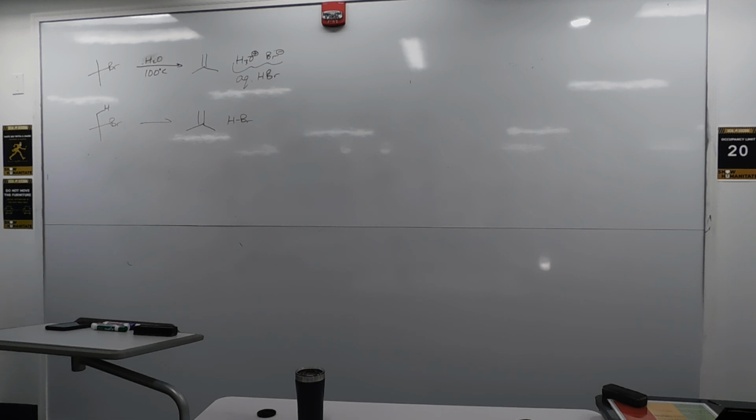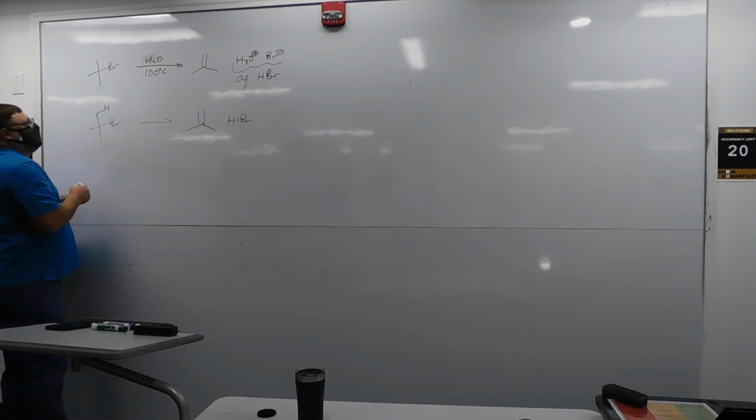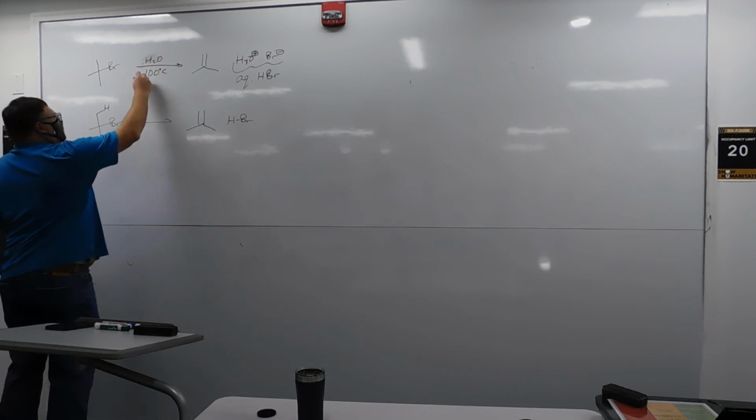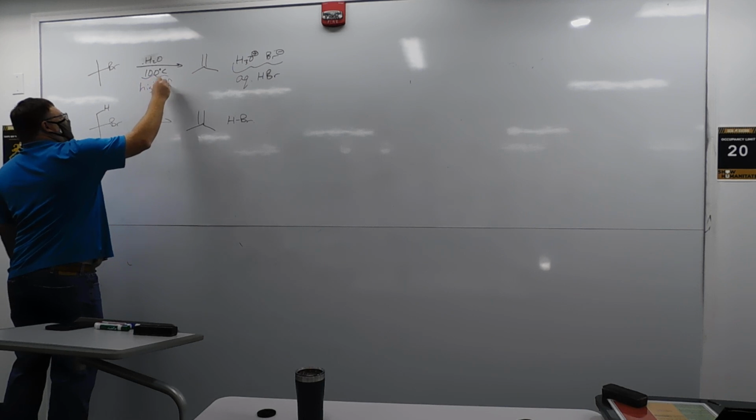So you're essentially, if you think about that, 2 sigmas on the left, a pi and a sigma on the right. Pi bonds are a lot weaker than sigma bonds, so bond strength would suggest the left is favored. And what typically drives this, if you do this reaction, is going to be the temperature. So high temperature favors elimination.